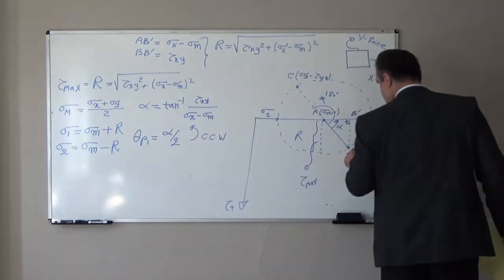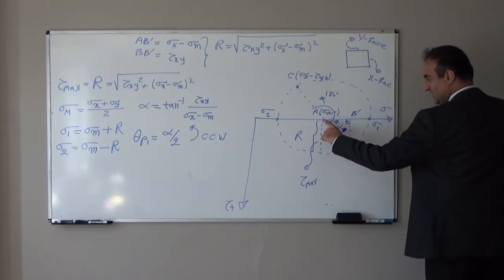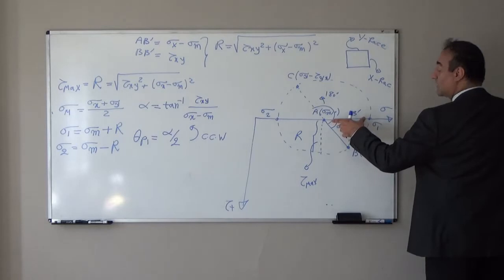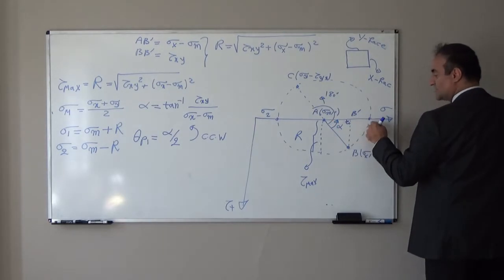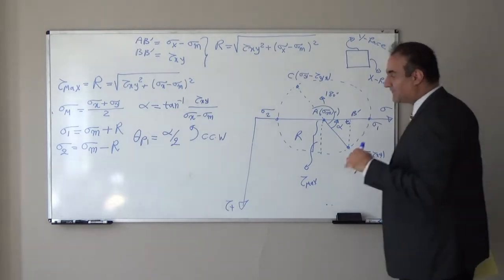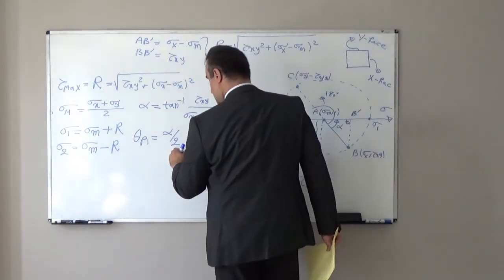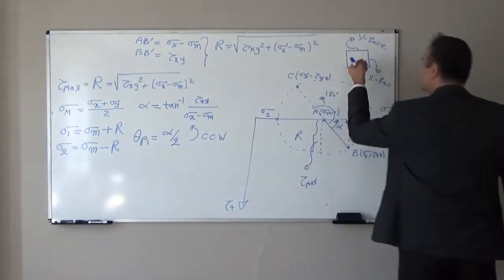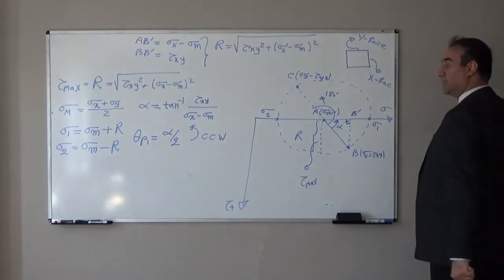You see here, if we rotate this radius with respect to the center by alpha counterclockwise, we will reach sigma 1. So if we rotate the element by half of that, alpha over 2, this face will be towards sigma 1.